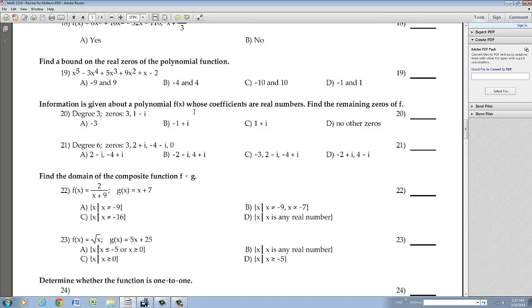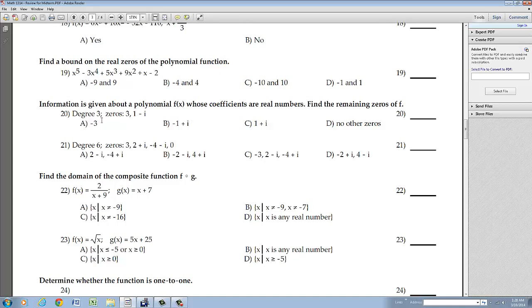So that means if I tell you that i is a zero, then you know that negative i is a zero. If I tell you that 2 plus i is a zero, then 2 minus i is a zero. So in other words, it's complex conjugates. If you have one complex zero, then the conjugate of that is also a zero. So in other words, if a plus bi is a zero, then a minus bi is a zero.